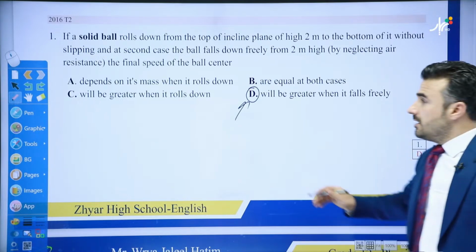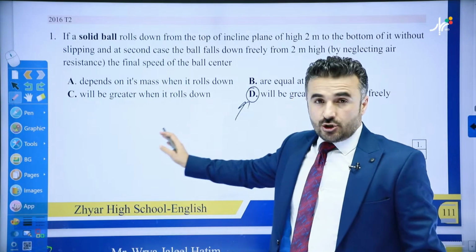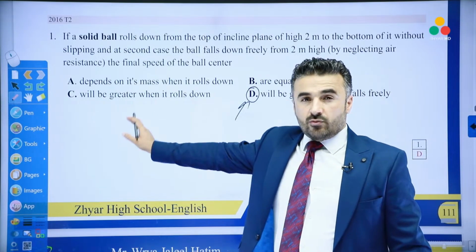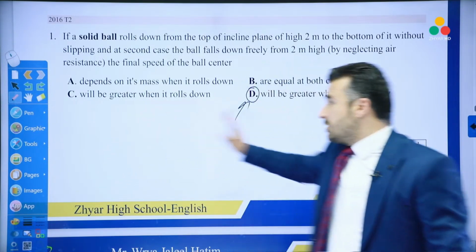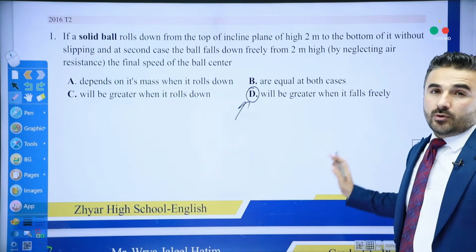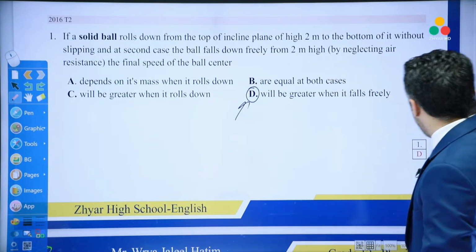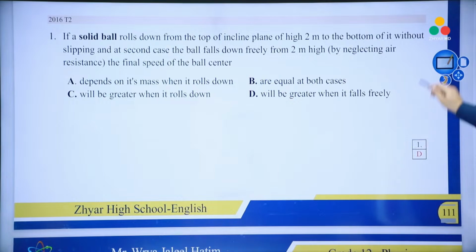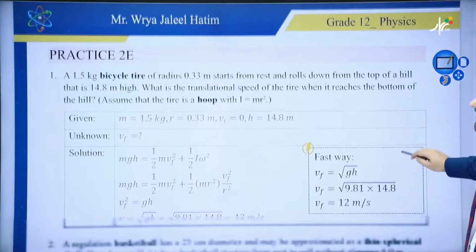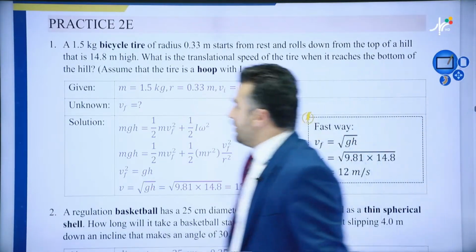Did I say it correctly? Once again, the translational speed with rolling will be less than the translational speed without rolling. Without rolling, that means falling freely. All right. Now, moving on, we have another question here.